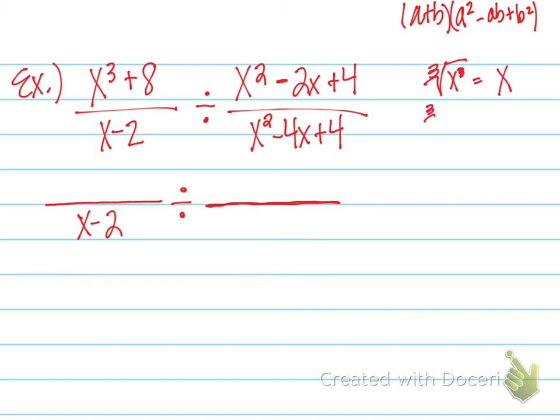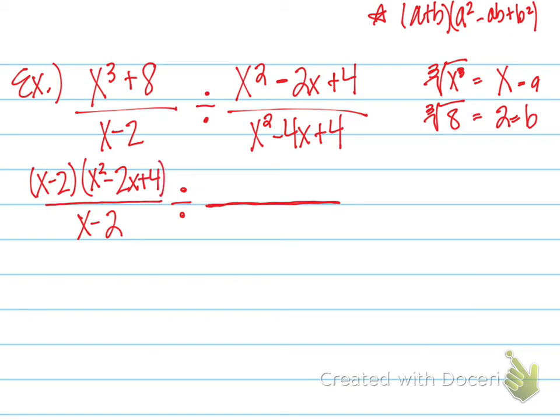And then we take the cube root of 8, and we know that is 2. So we're taking x and 2, and plugging it into this. So we have x minus 2 times x squared minus 2x plus 4. Okay?